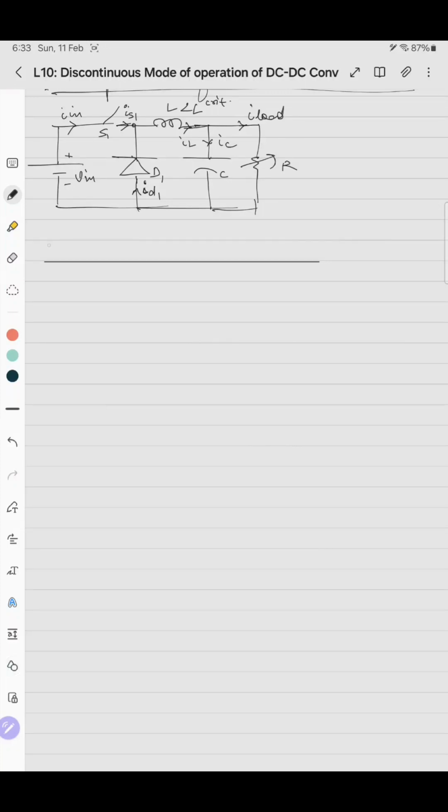So this is 1, this is 0, and this waveform belongs to S1.